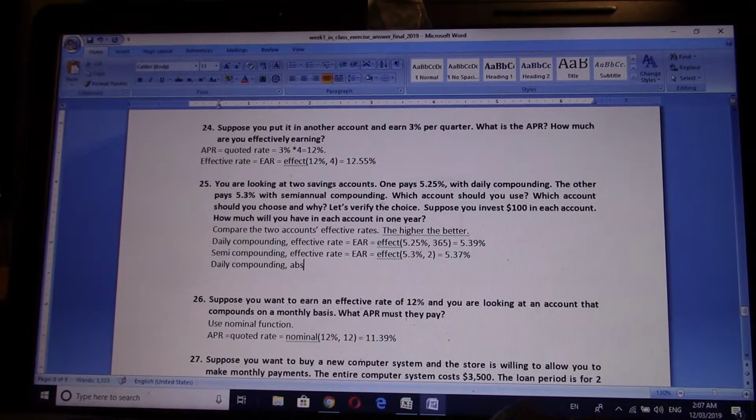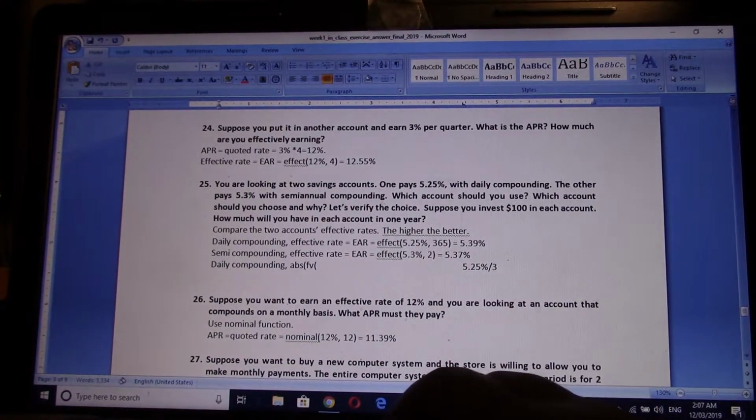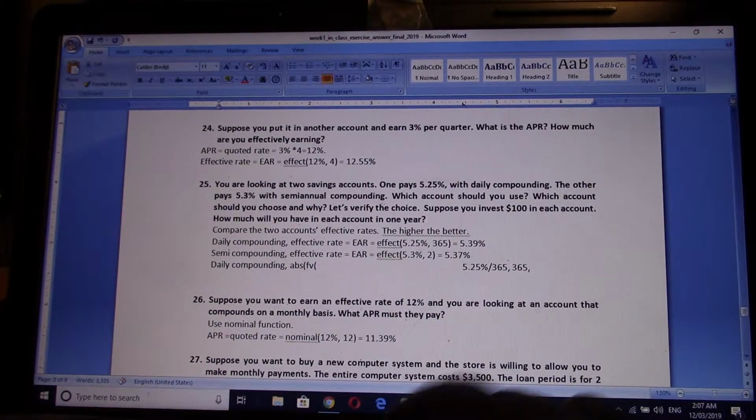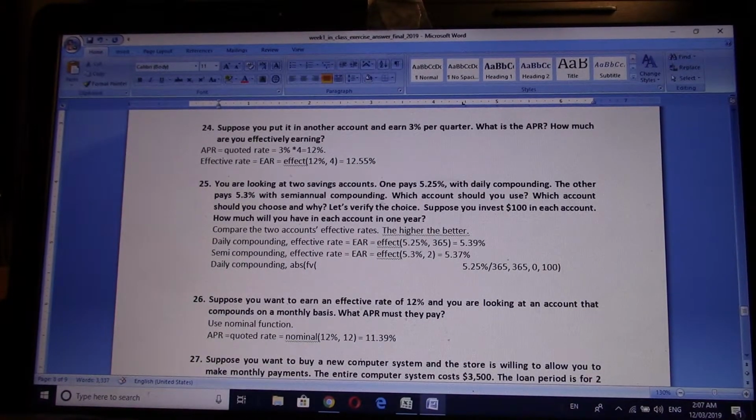The rate is 5.25% divided by 365, and 365 is the Nper, 0 for payment, $100 for present value.